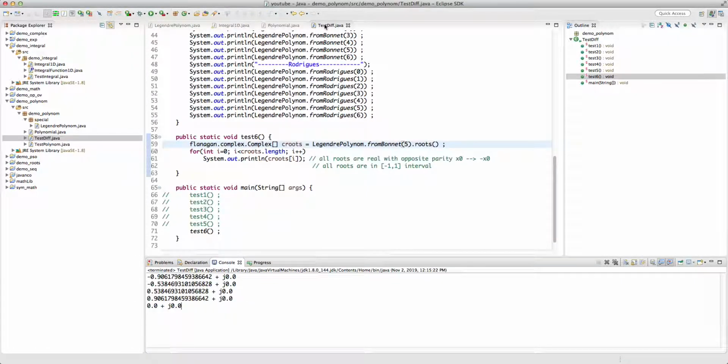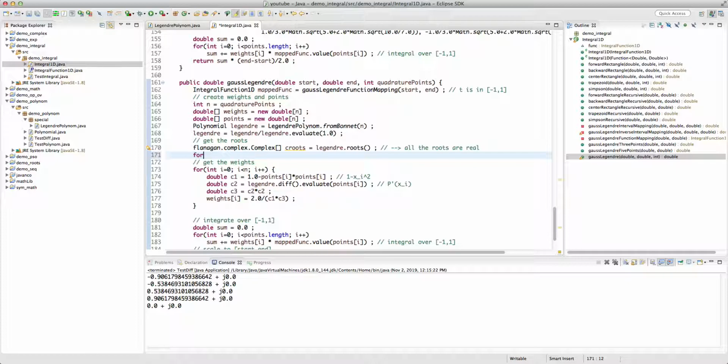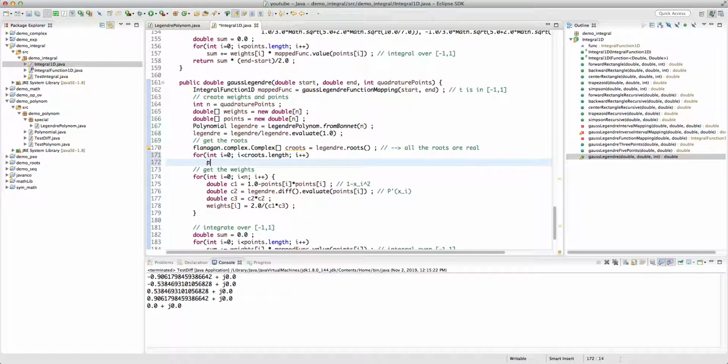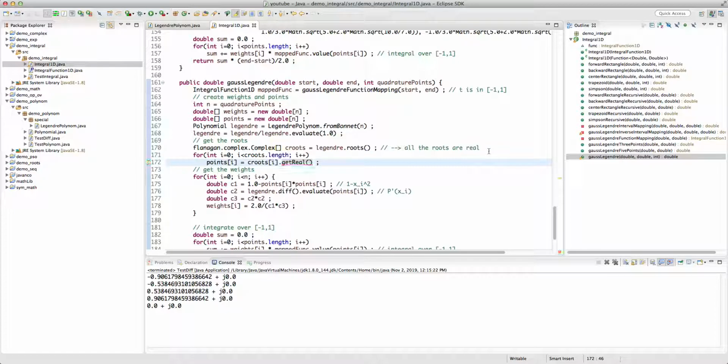Okay, so let's close the polynomial here. What I'm going to do, I'm going to say for int, so all of these roots are real. C roots dot length I plus plus, points I is equal to C roots I dot real, get real, which returns a double value.